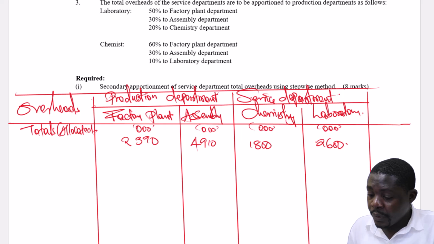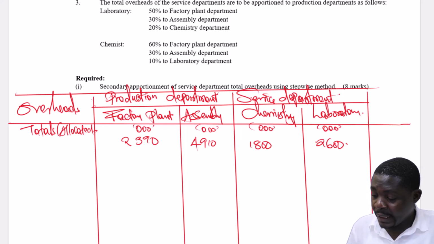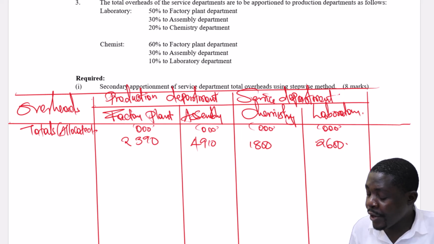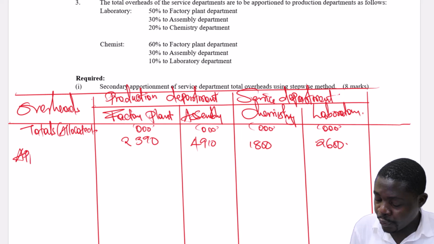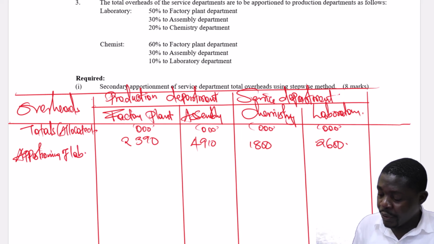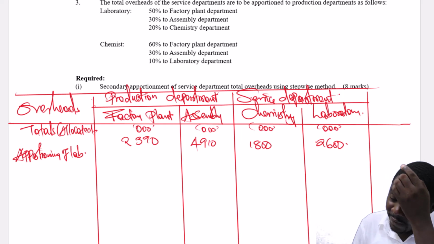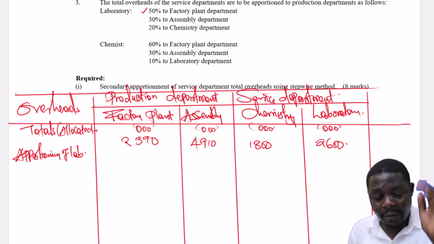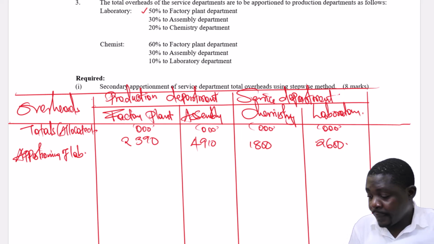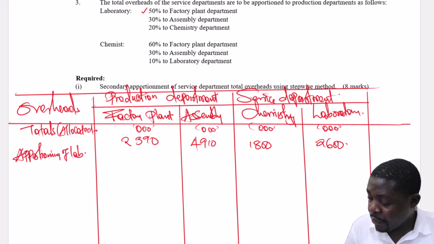Now we start apportioning. Let's apportion the laboratory to the other departments. So we'll talk of apportioning lab to other departments. You are given the ratios or the percentages. We are using 50%. Now whatever I'm apportioning, I put in bracket.